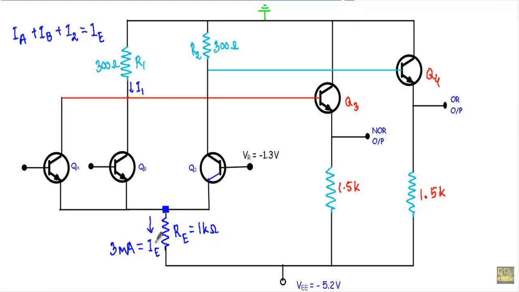The fixed current IE is allowed to flow through the collector terminal of the transistors QA, QB and Q2, depending upon the logical input at this terminal or this terminal.